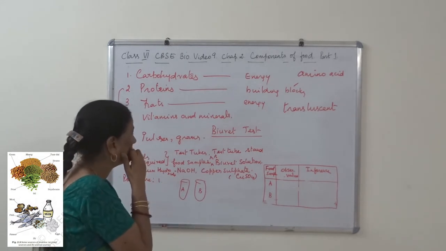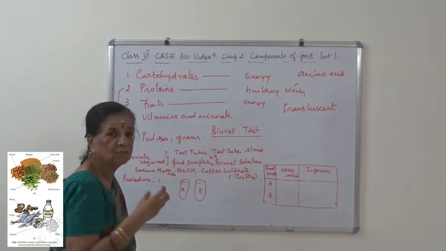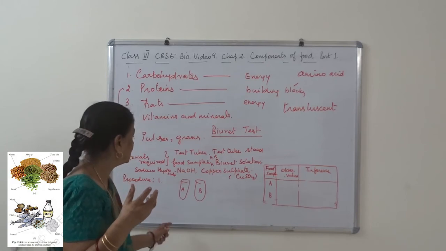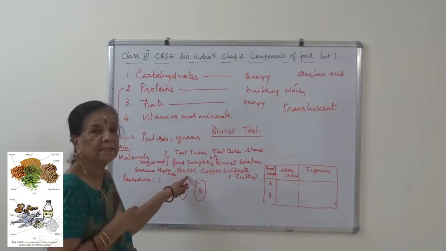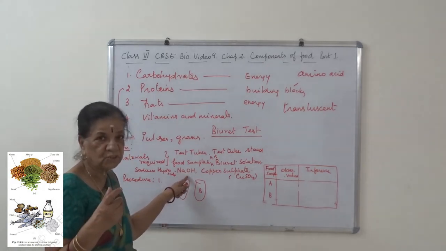Now we make the solution dilute, and then first you add NaOH, sodium hydroxide, to the food sample.